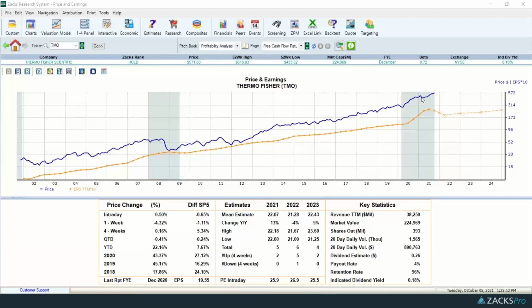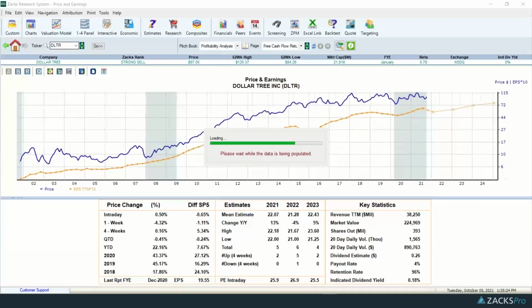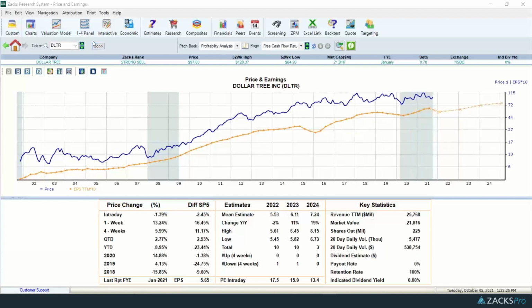The interesting thing about Thermo Fisher though, is it just continues to climb, okay? And as we've seen again and again this week with Dollar Tree, right? We've been talking about Dollar Tree over the last couple of weeks related to freight and shipping costs, and Dollar Tree was having margin pressures.